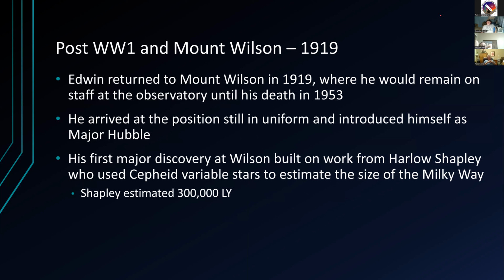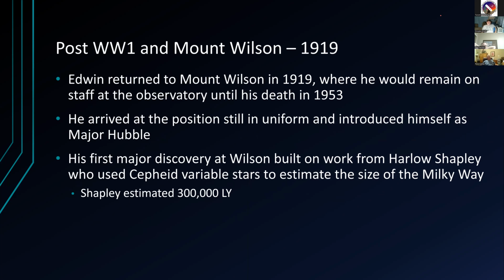Over the next couple of years, he would develop somewhat of a rivalry with a fellow astronomer, Harlow Shapley. Shapley was one of the people that produced a more modern estimate of the size of the Milky Way galaxy.